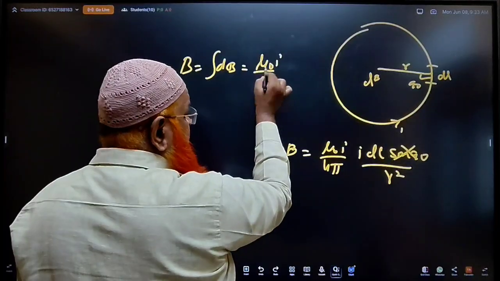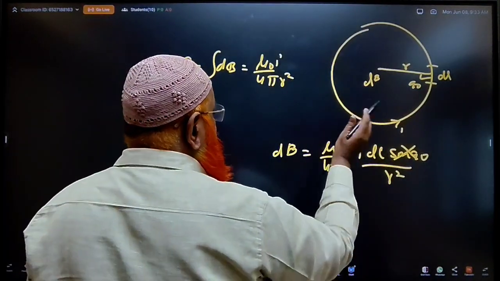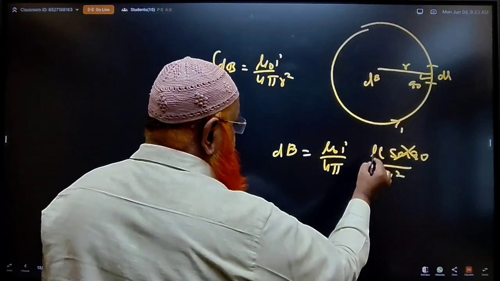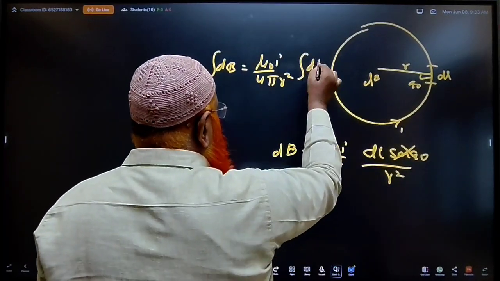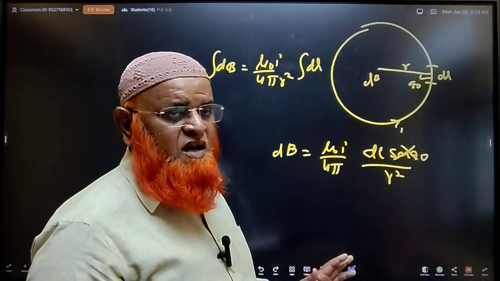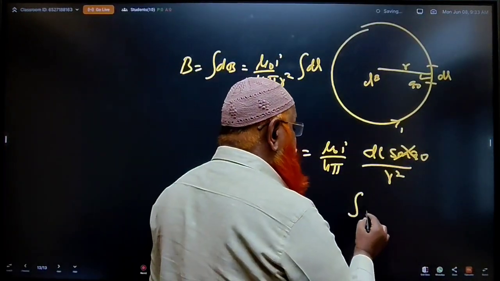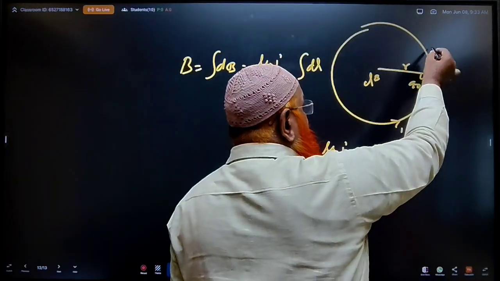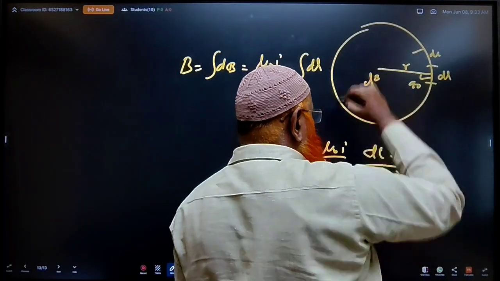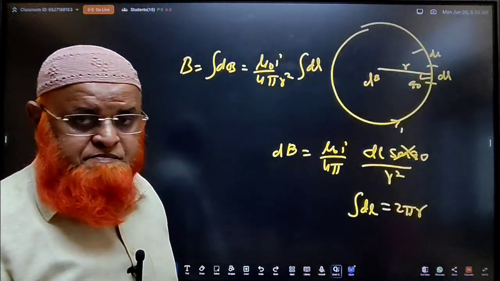Mu naught I by 4 pi r square is going to be the constant. This is taken as dl, so I will integrate dl only. Remaining things are constants. So integration of dl, if you join all the small parts like this, is going to be 2 pi r, the circumference of a circle.